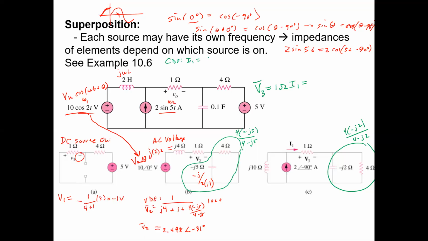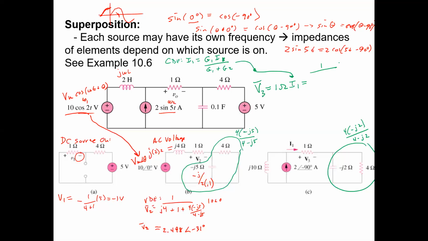I1 is going to equal G1 times IS over G1 plus G2, where those are the conductances. But now these are the admittances, the reciprocals of the impedances. So it's going to be, this is for finding I1. So this is going to be 1 over.